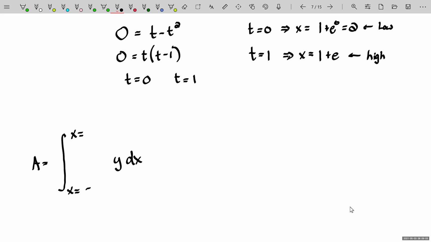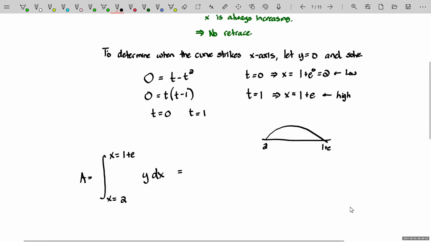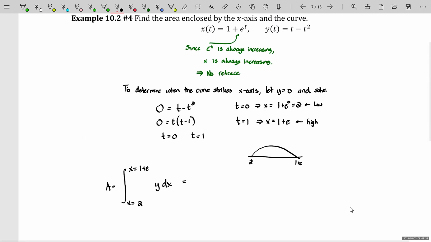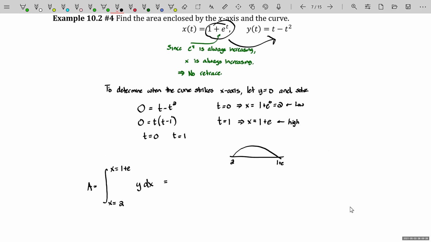So I know I'm integrating from x equals 2 to x equals 1 plus e. I know my curve, if you were to draw it out, looks sort of like that, from x equals 2 to x equals 1 plus e. And now I'm going to go back to the parametric curve, because I don't want to solve this for t and then plug it in here and make y a function of x and try to integrate that.